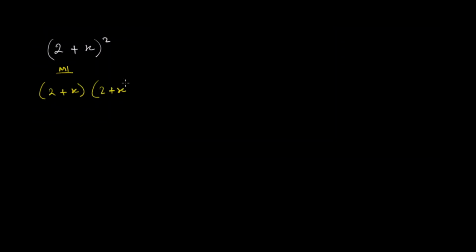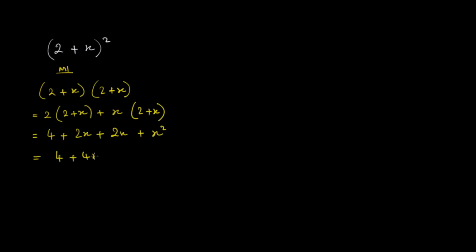Each term in this bracket should multiply the other bracket. So 2 multiplying (2 + x) and x multiplying (2 + x). This is 2 times 2 is 4, plus 2 times x is 2x, plus x times 2 is 2x, plus x times x is x squared. So this is equal to 4 + 4x + x squared, we have expanded.